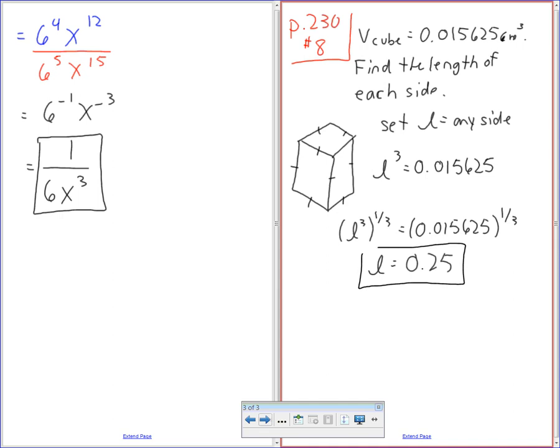Okay, was anyone unable to get 0.25? Please raise your hand. Did you put brackets?